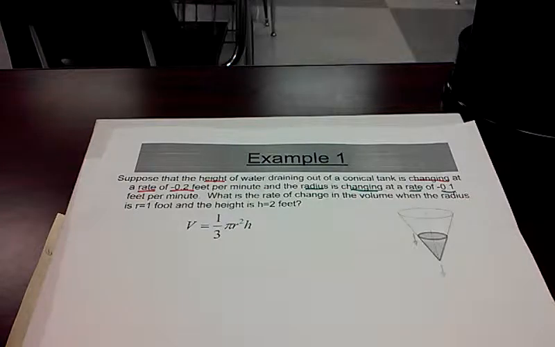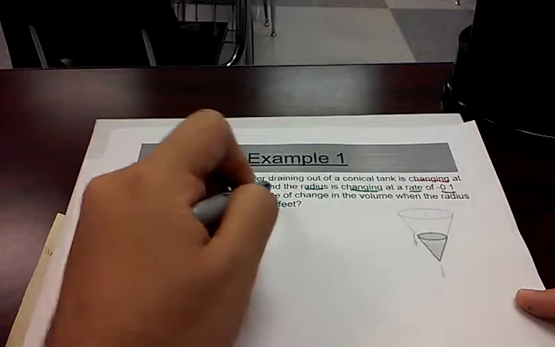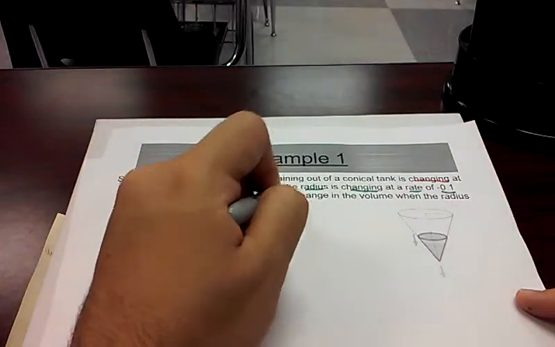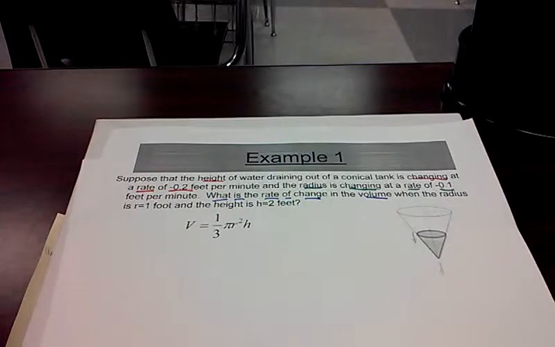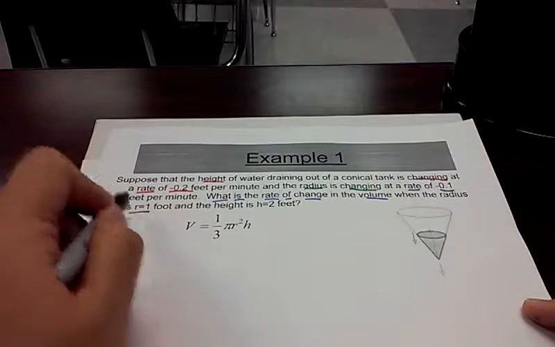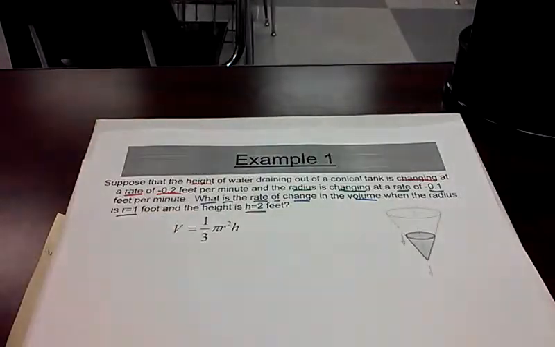What is the rate of change in volume when the radius is 1 foot and the height is 2 feet? All right, so obviously for this problem, it's asking you to find the rate of change in the volume.